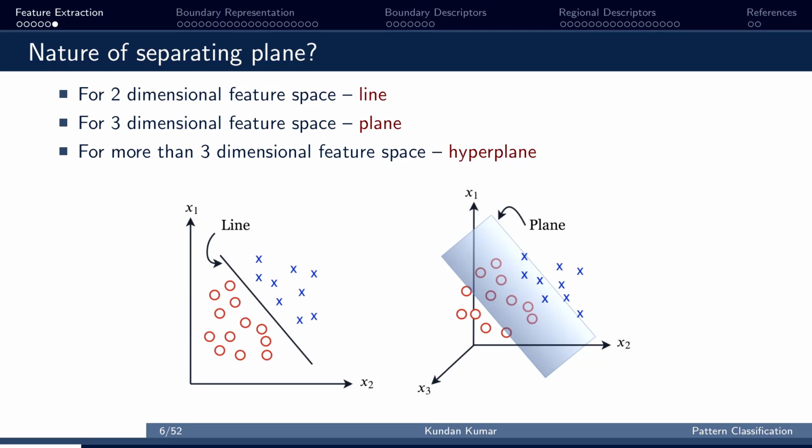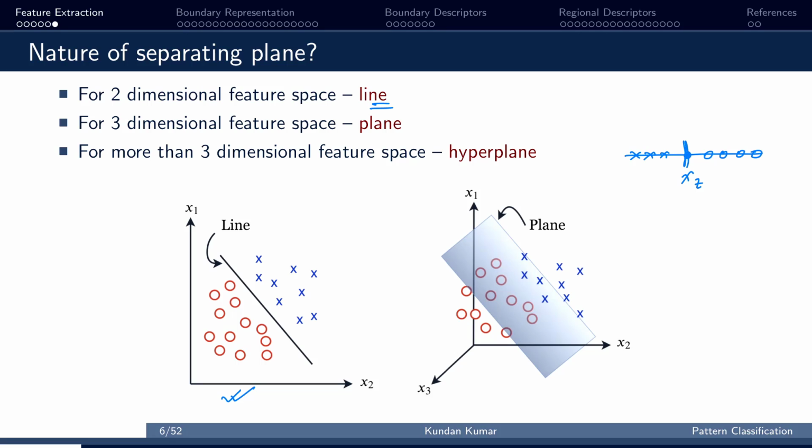If we have a feature in a one-dimensional space, that means only one feature, then a single point will be sufficient to separate these features. However, if we deal with the feature vector in a two-dimensional feature space, then the separating surface will be a line.